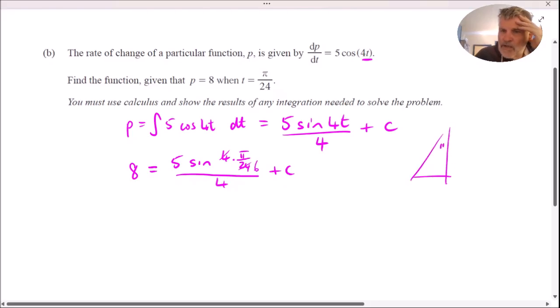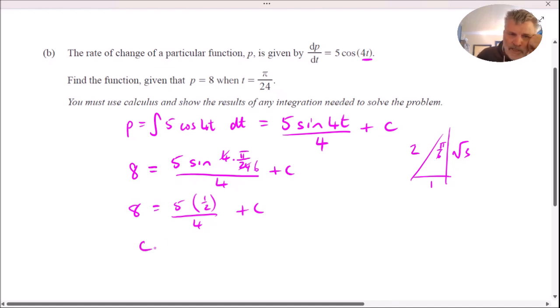Pi over 6 is one of our friendly triangles. Sine pi over 6 is a half, so we get 8 is 5 times a half divided by 4 plus c. This is 5/8. So c is equal to 8 minus 5/8. This is 64/8, so 59/8.